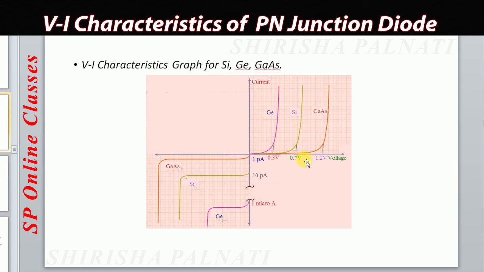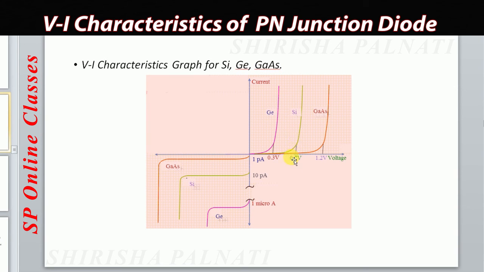Before going to the next topic, this is the VI characteristics graph of silicon, germanium and gallium arsenide. These three materials are semiconductor materials. In fabricating a diode, we use these three materials: silicon, germanium and gallium arsenide. If we use silicon, the graph is presented like this.